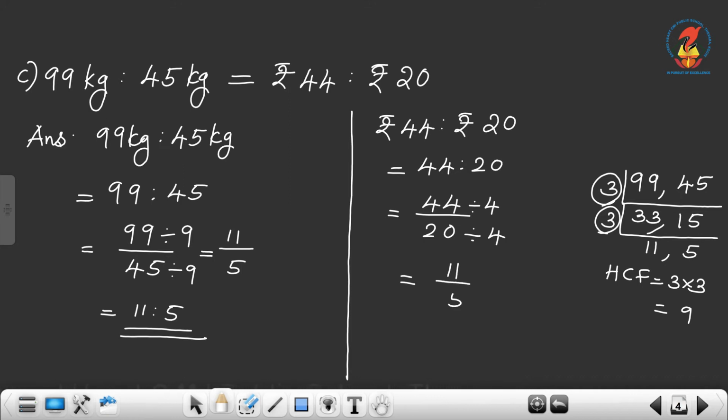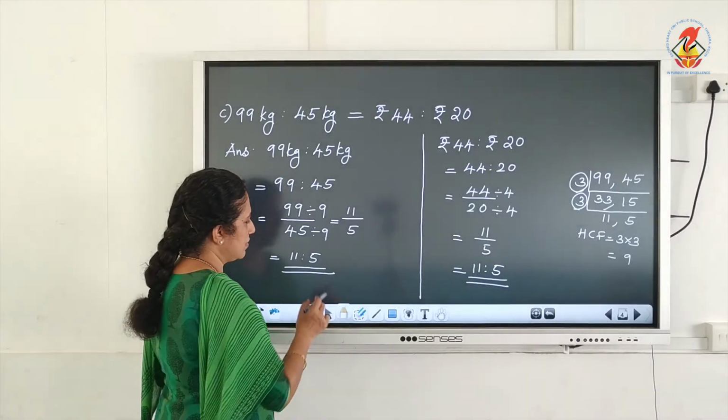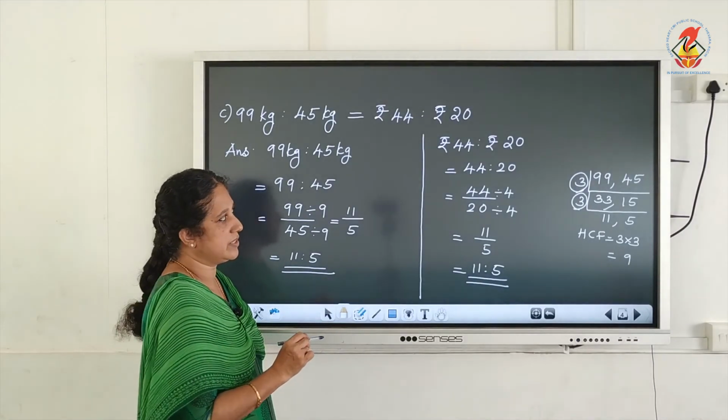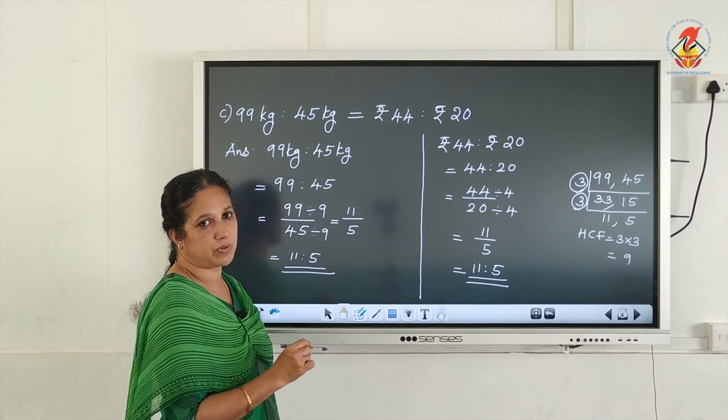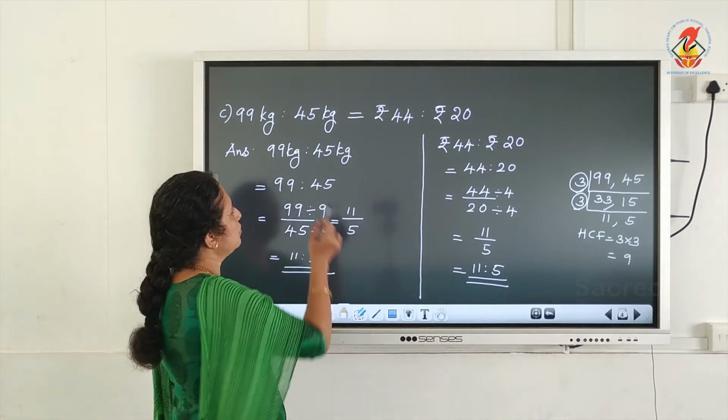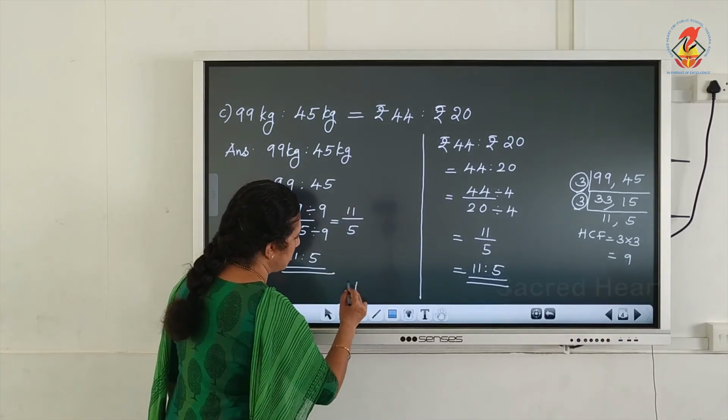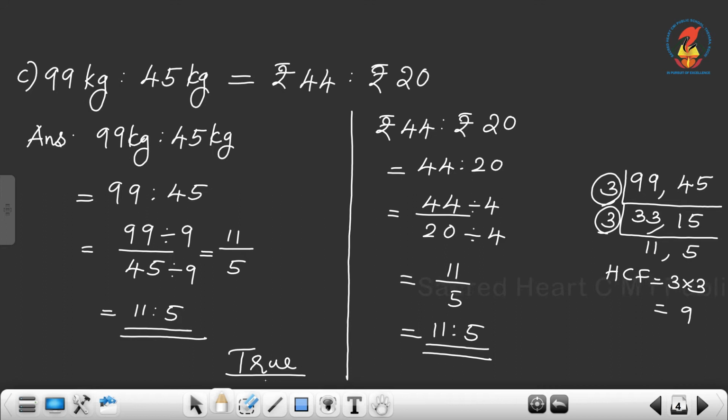So, 11 by 5, which we can write as 11 is to 5. Now, look at that. When we reduced, we got the same ratio, 11 is to 5. So, what about the statement, whether it is true or false? True. The two ratios are equal, they are in proportion, and we can say that it is a true statement.